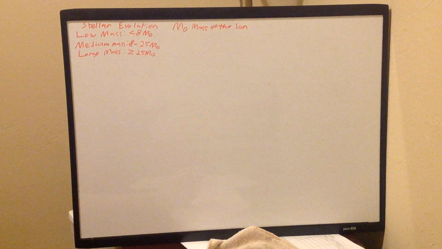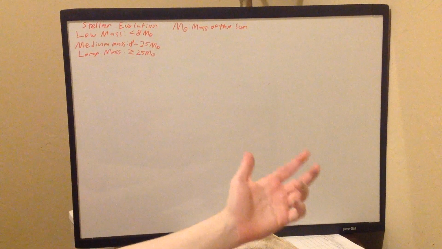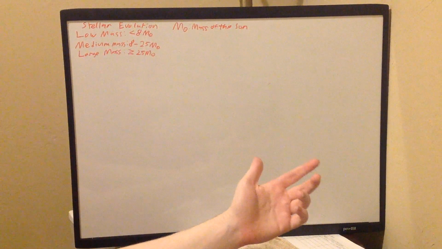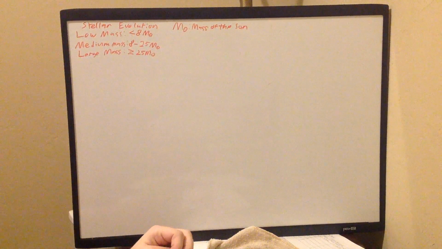Well, now it would quickly lose its ability to hold itself up against gravity, right? And this would happen first in the core. So here's what happens. When a main sequence star runs out of hydrogen to burn, its core will start to collapse very rapidly.